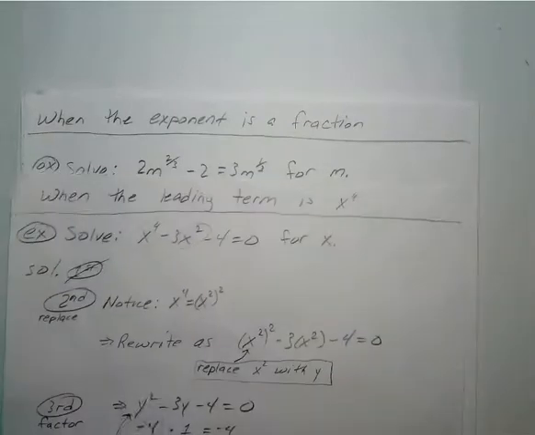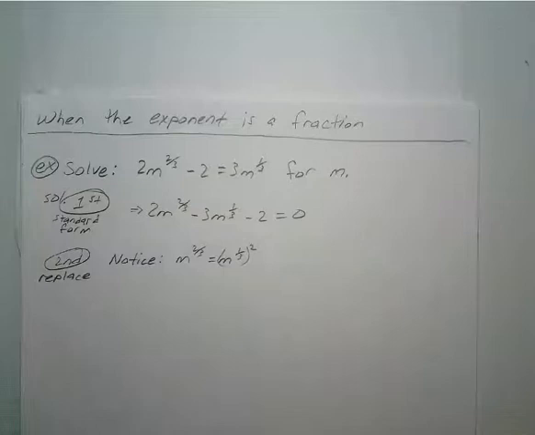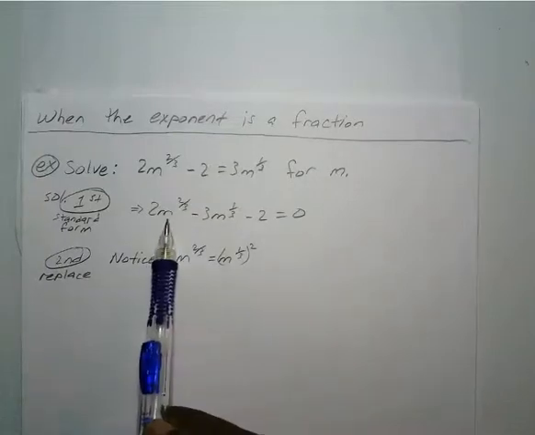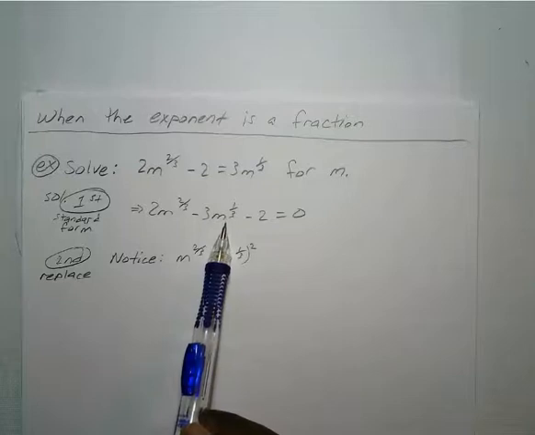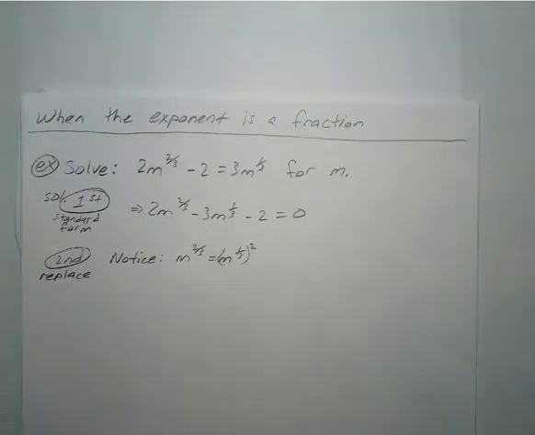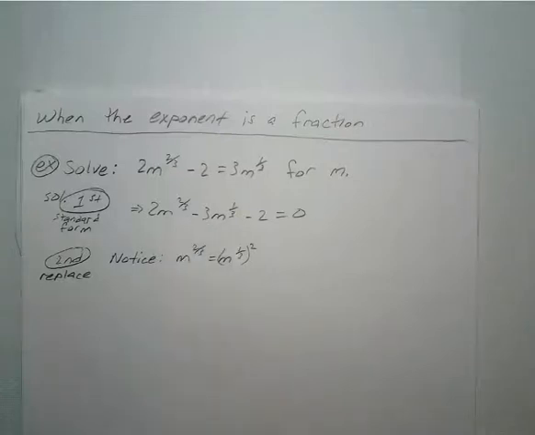Here, x to the 4th is just x squared squared. On this one, m to the 2/3 power is m to the 1/3 power squared. That's just a little shortcut to help you figure out how to rewrite it.